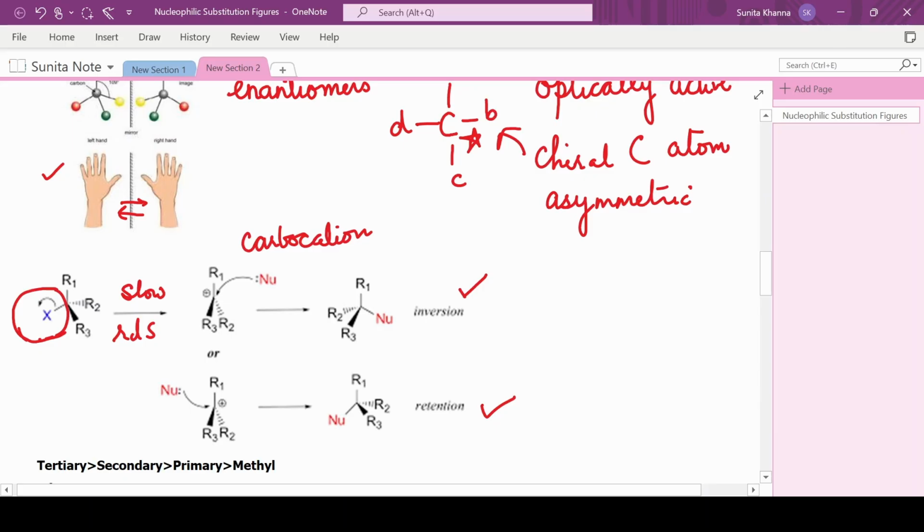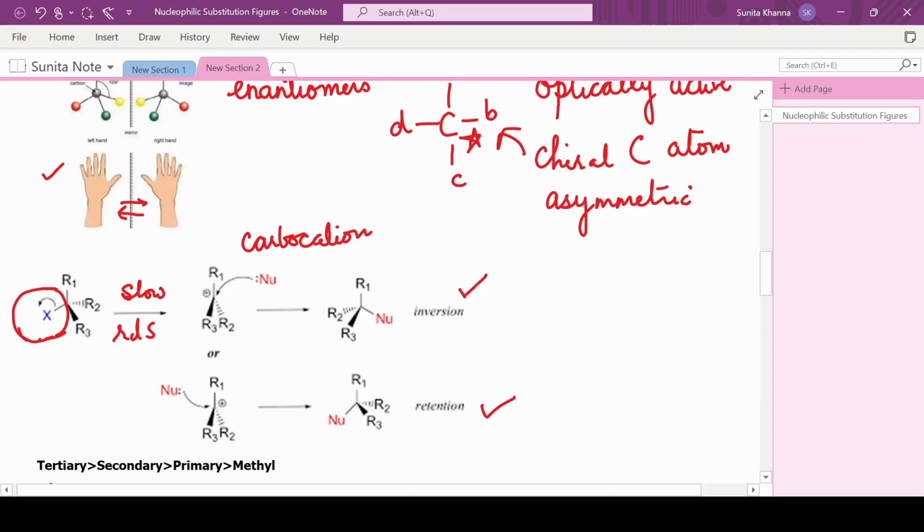Right? So if we go for its stereochemical aspects, you are clear with the terms. Stereochemical aspects mean that if the carbon atom of the alkyl halide has its four valencies fulfilled by four different groups, then it is optically active. So when it is optically active, we apply the stereochemical aspect here.